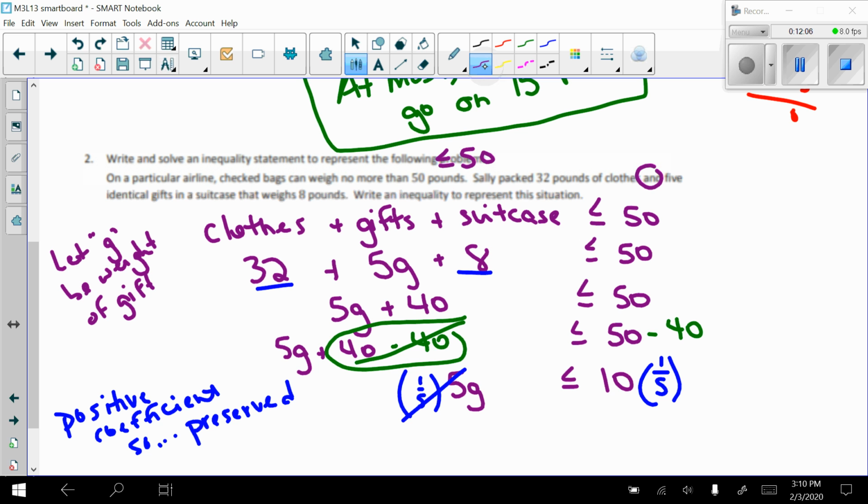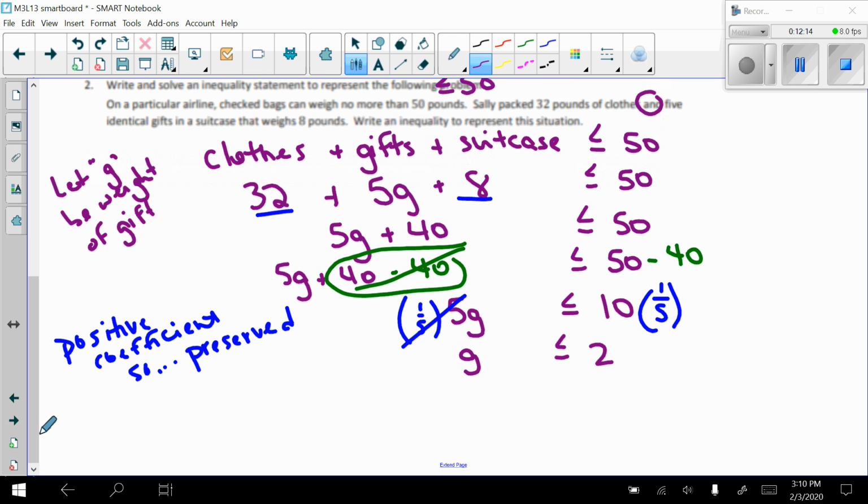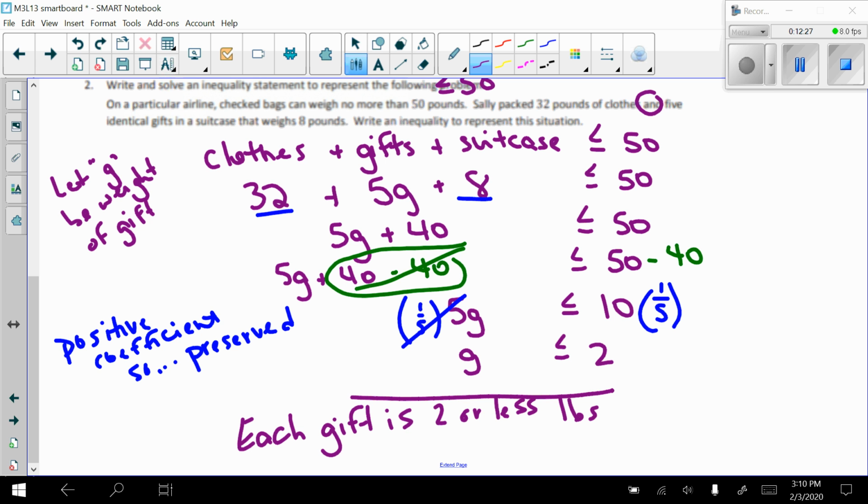So let's see. G is less than or equal to 2. Each gift is 2 or less pounds.